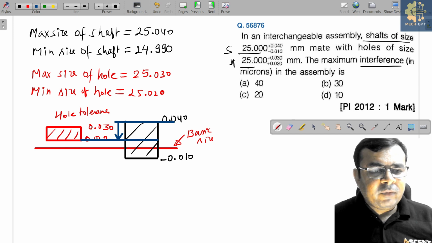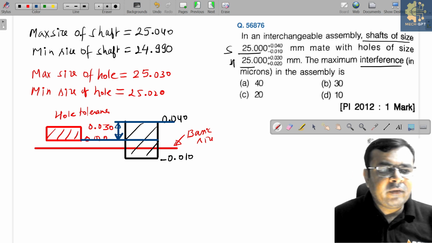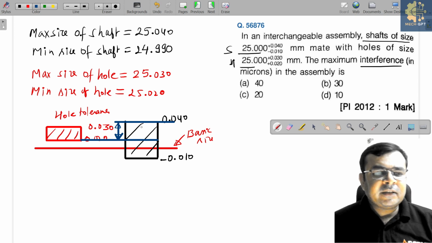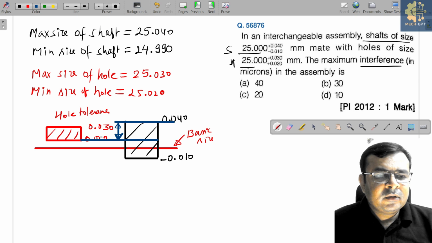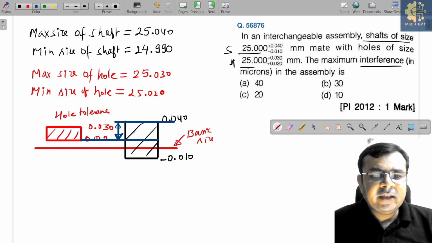Actually, if I talk about fit, here we have three types of fit: clearance fit, transition fit, and interference fit. Interference fit means when the minimum size of the hole is smaller than the shaft, here we get some transition fit, yes or no?